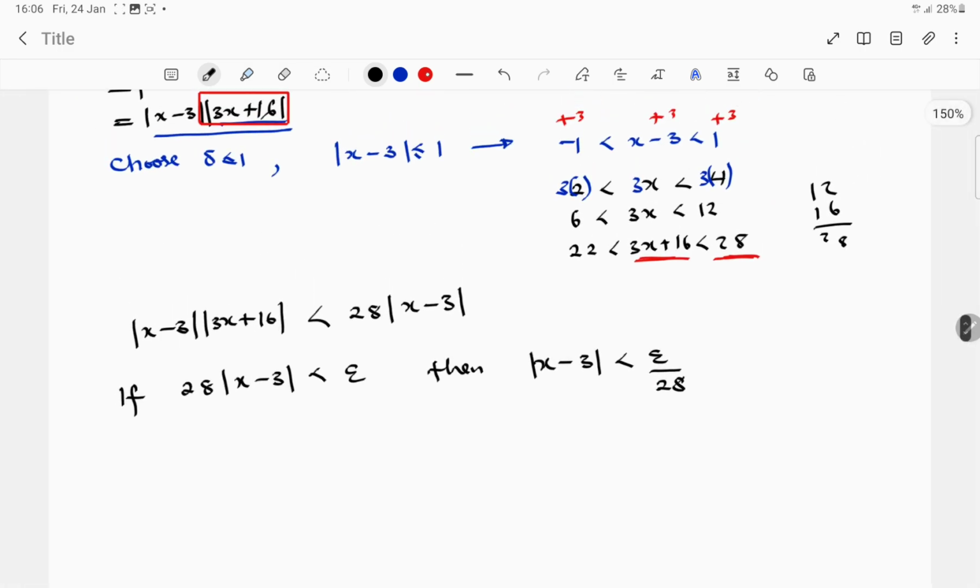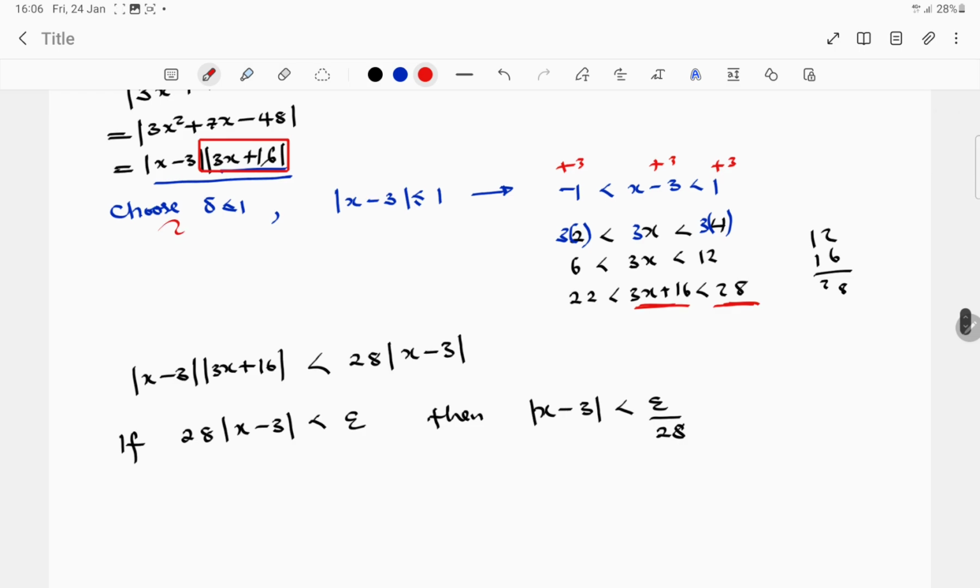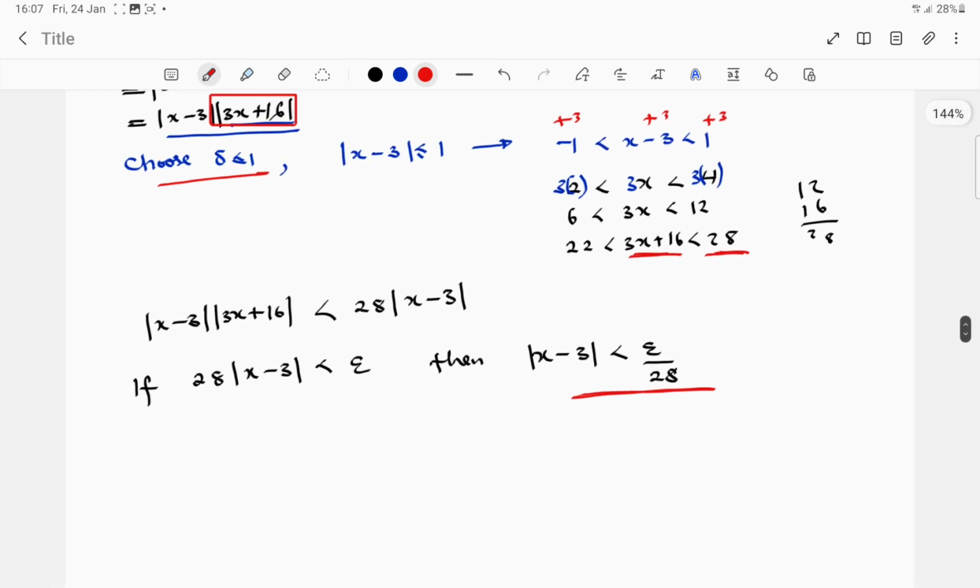So we have 2 points here: we have chosen delta less than or equal to 1, and we have found delta equal to epsilon over 28. So which delta do we choose? We choose delta equal to the minimum of 1 and epsilon over 28.